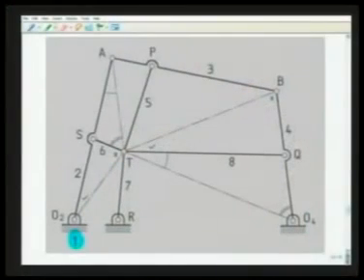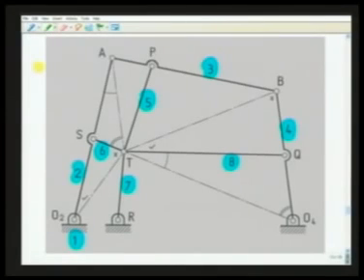As a further example of an overclosed linkage, let us consider this 8-link mechanism which is known as the Kempe-Burmester focal mechanism. As we see, there are 8 links: link 1, link 2, link 3, 4, 5, 6, 7 and 8.